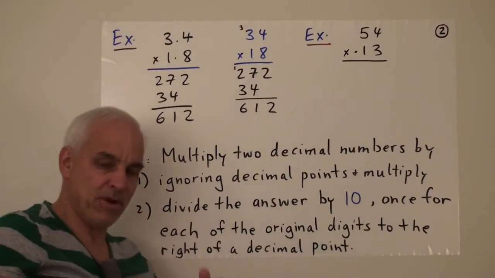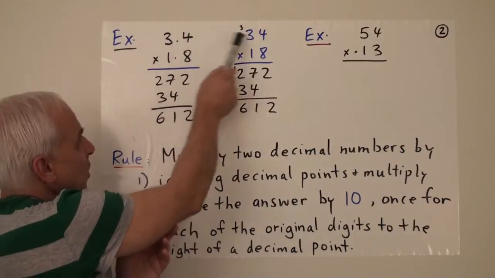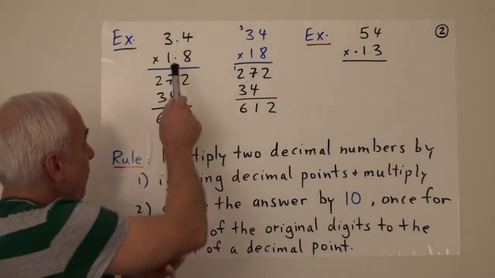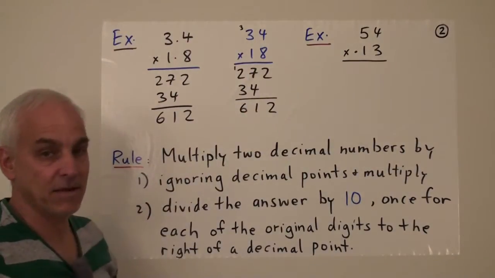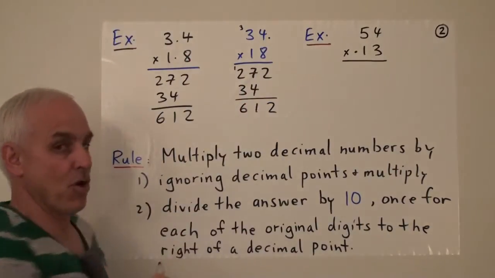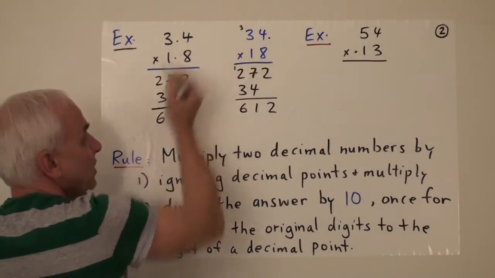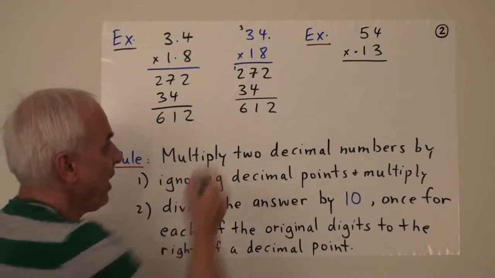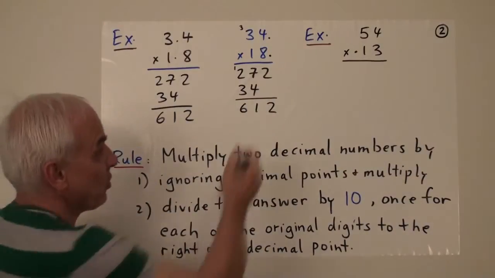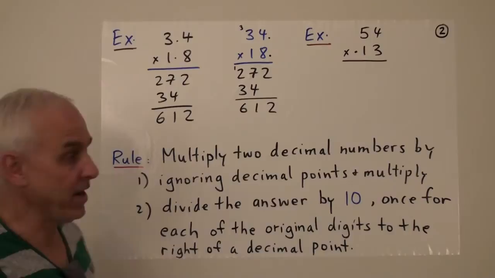Motivated by the previous slide, we have to remember that 3.4 is really 1/10 of 34, and 1.8 is really 1/10 of 18. It's because the decimal place, not written but there, has been moved over 1 when we go to 3.4. And the decimal place in the 18, which is ordinarily here, is moved over 1 to get 1.8.